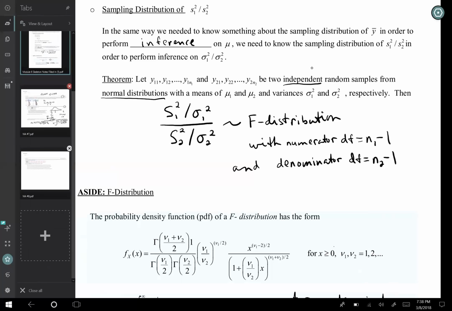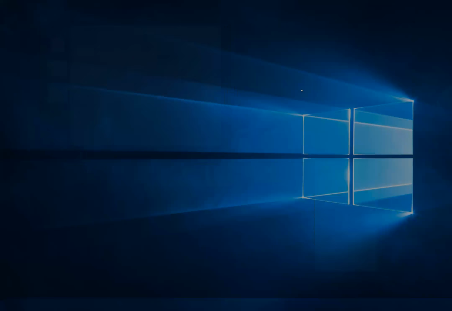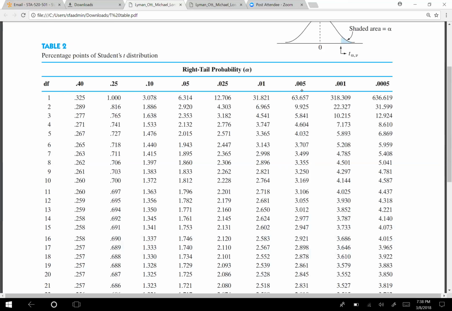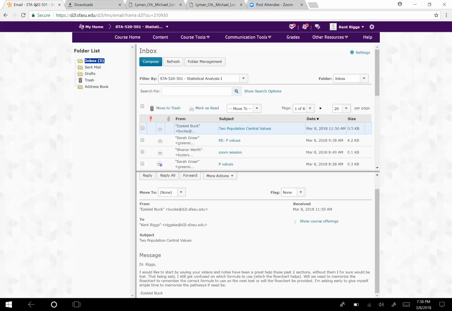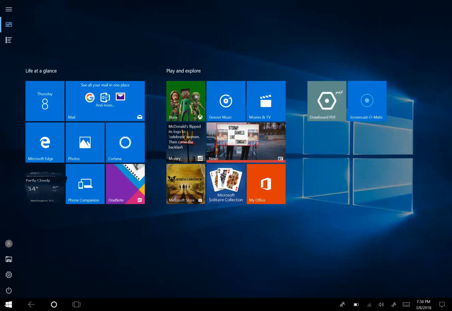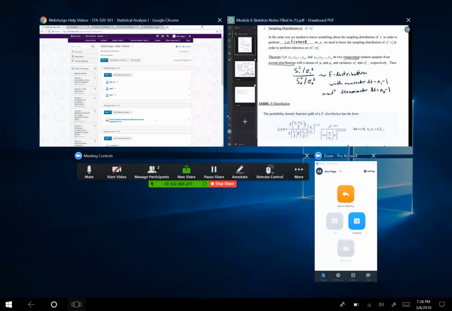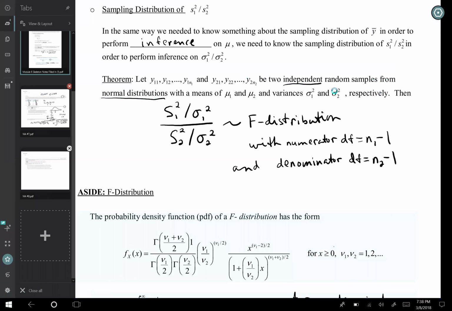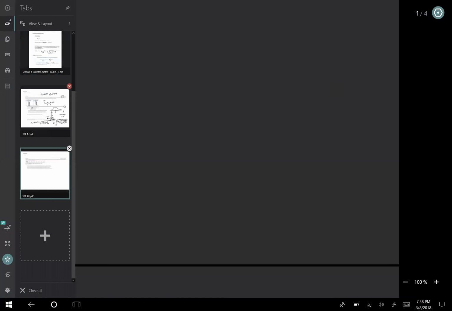I know you posted about the first two problems on WebAssign. I didn't get to look at that yet. But I did notice on the first WebAssign problem, it was flipped what they wanted us to figure out for finding F in the test statistic. It was S2 squared over S1 squared.